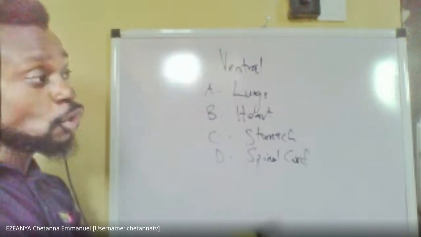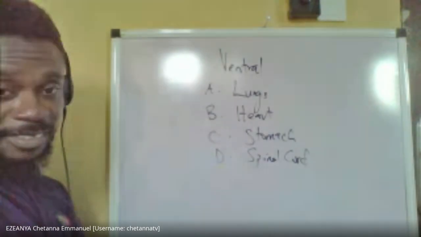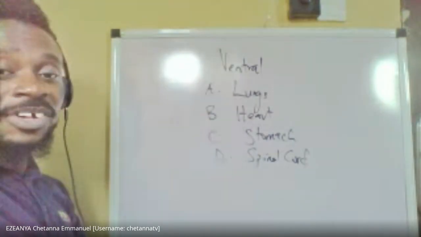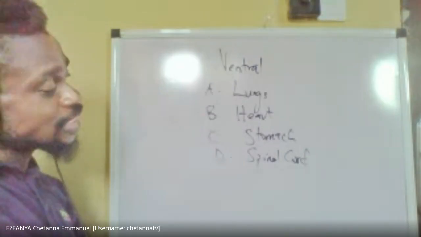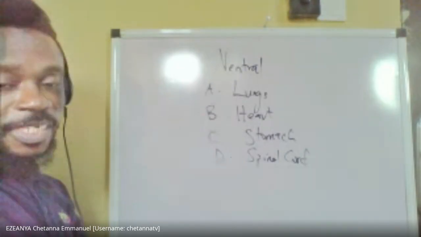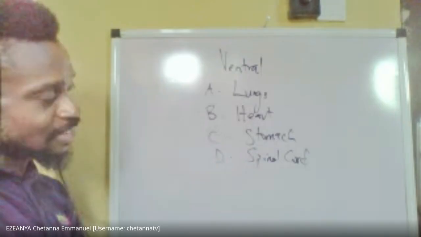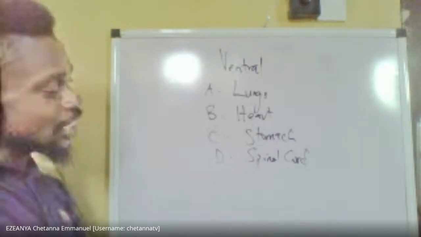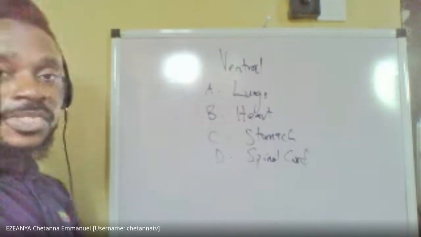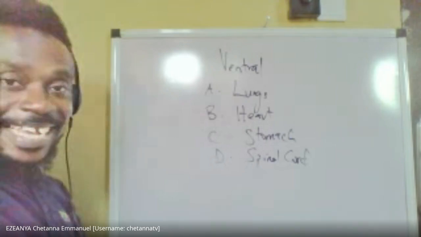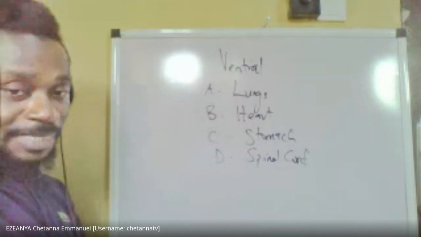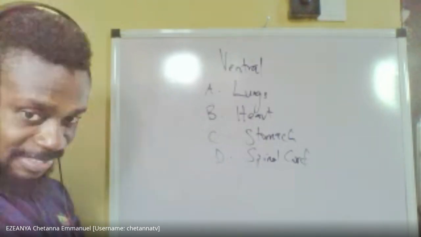So basically, the dorsal cavity consists of what? The cranial and the vertebral cavities. Note that point. The dorsal cavity consists of the cranial and the vertebral cavities.